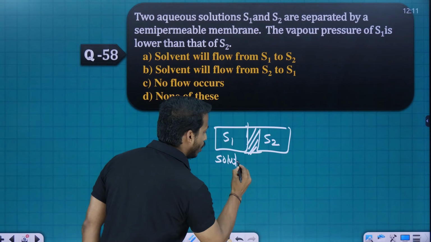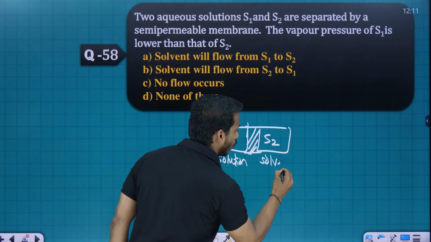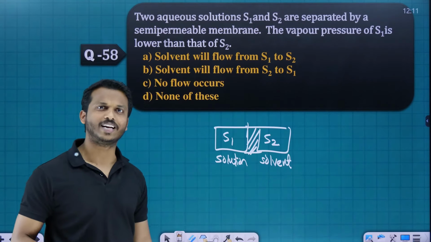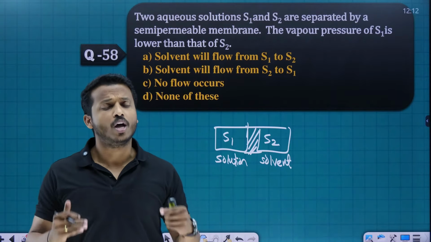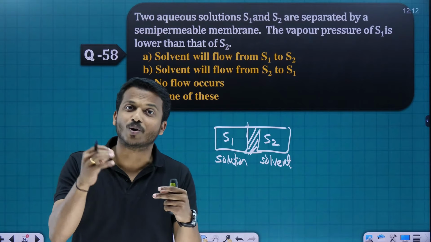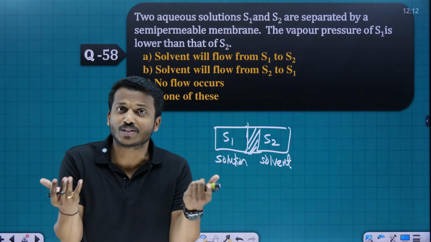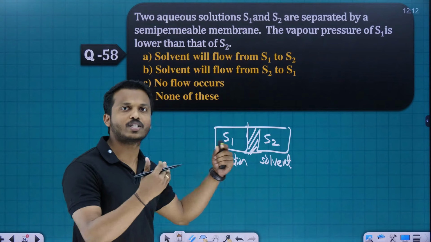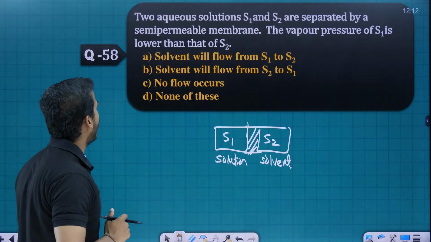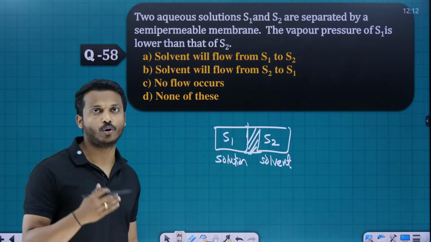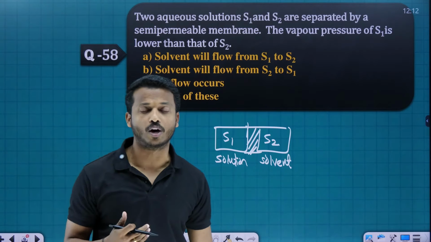So this is a solution, and the other can be taken as a solvent. Anyway, S1 contains more solute. That is the meaning. Now the question: where does the solvent flow? Solvent always flows from what?